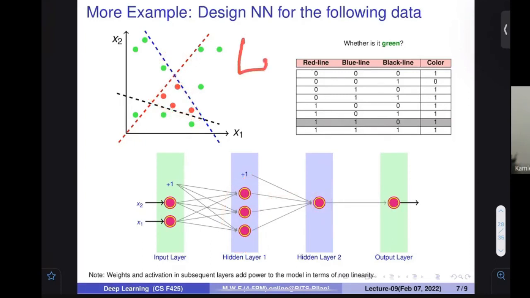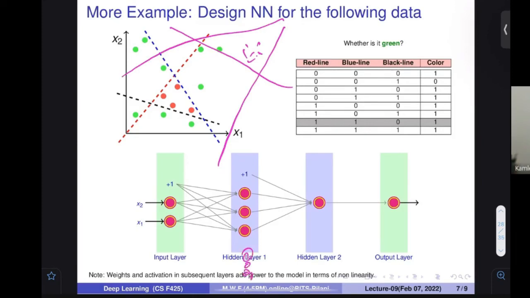If multiple areas would be there, for example, if red points were here also, you would need more lines for that. So you put more things over here, and you put things to find out whether the item is inside this or inside this, and then out of this you combine this thing over here. So you put the required number of perceptrons with respect to that.